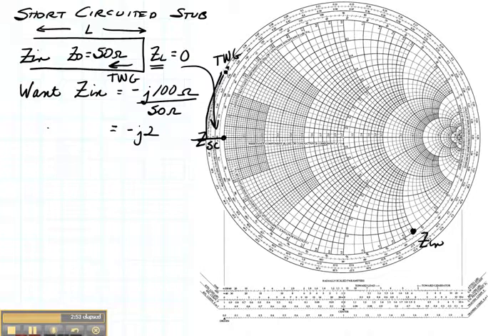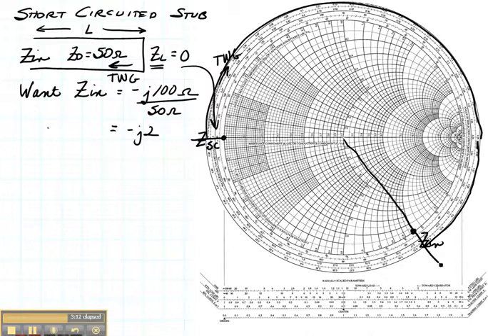We're going to rotate a length towards the generator until we get to our input impedance. So let's do that. Watch us rotate towards the input impedance that we want. Now how far are we going? We've just gone 0.25 wavelengths. Now we've gone 0.27, 0.28, 0.29, 0.31. Right here, if we draw a straight line from the center of the Smith chart out through the point that we're looking at, we've gone about 0.325 wavelengths towards the generator.